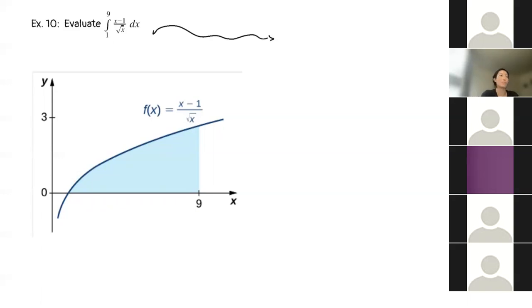There were some things that we were able to do to make our lives a little bit easier and to make questions a little bit more accessible. What could we do to solve a question like number 10?